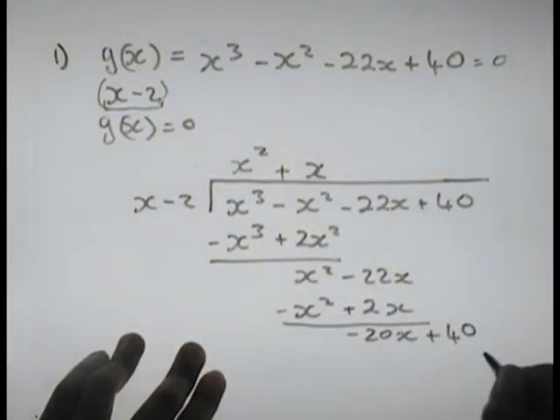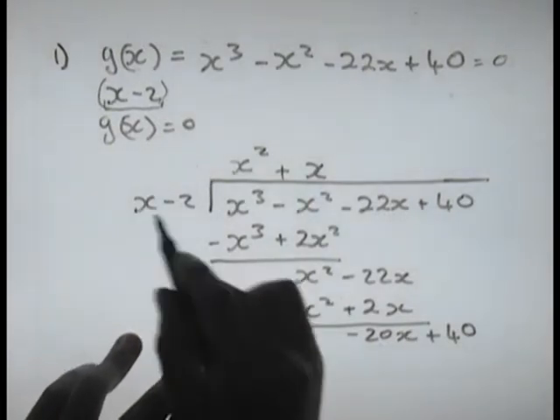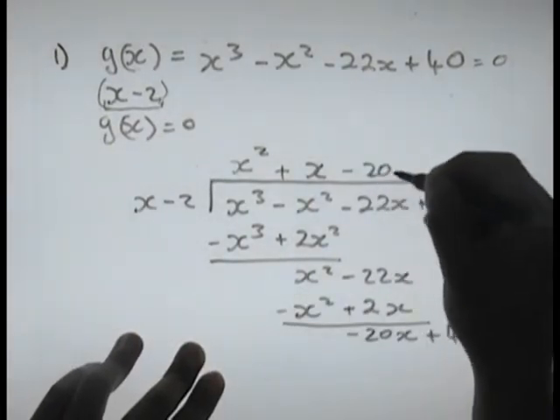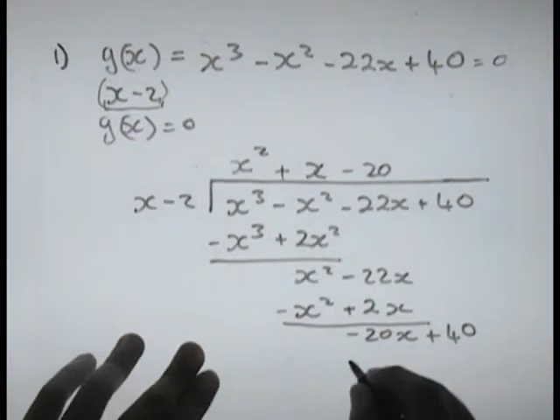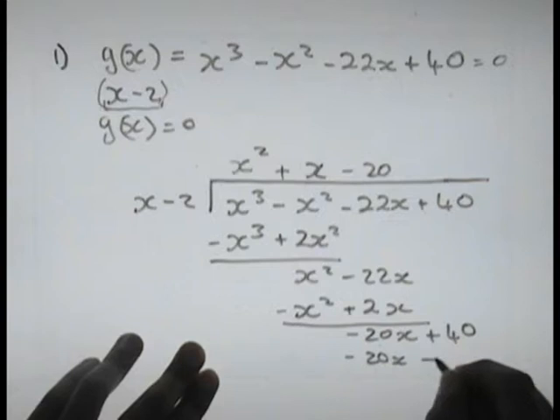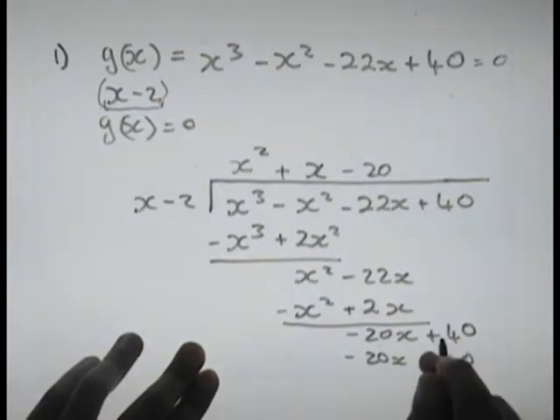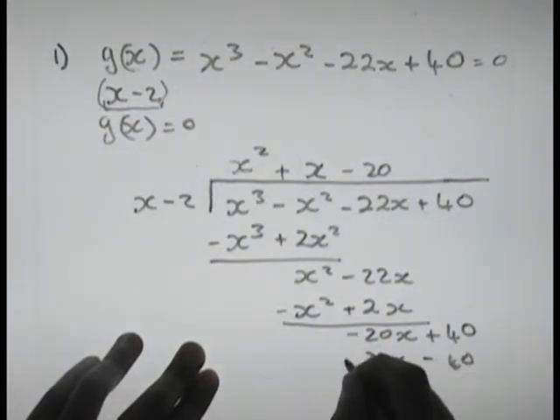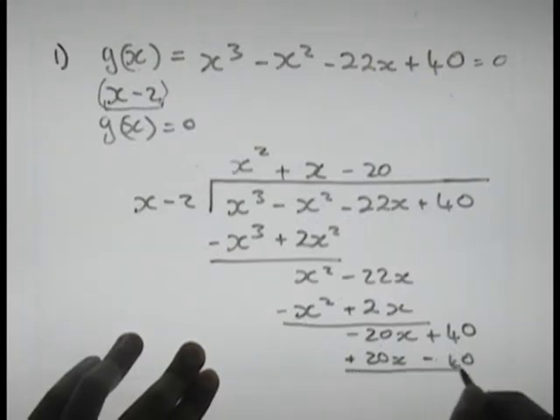Bring down the positive 40. Minus 20x divided by x will give me minus 20. Minus 20 times x is minus 20x. Minus 20 times minus 2 is positive 40. Change the signs, and that will give me 0.